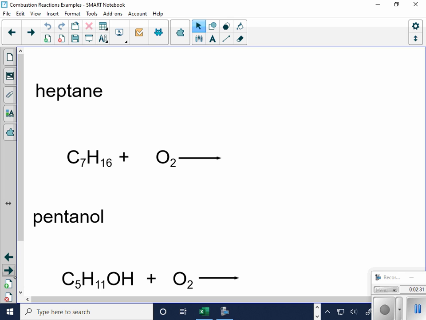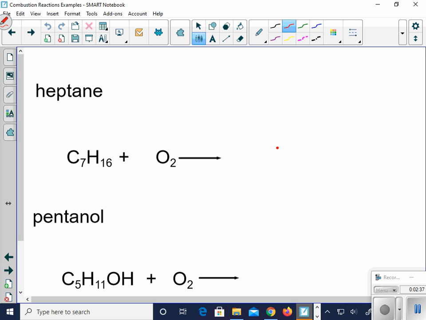So, C7H16 plus oxygen yields carbon dioxide and water. Now, basically, these combustion reactions are just a practice in balancing.